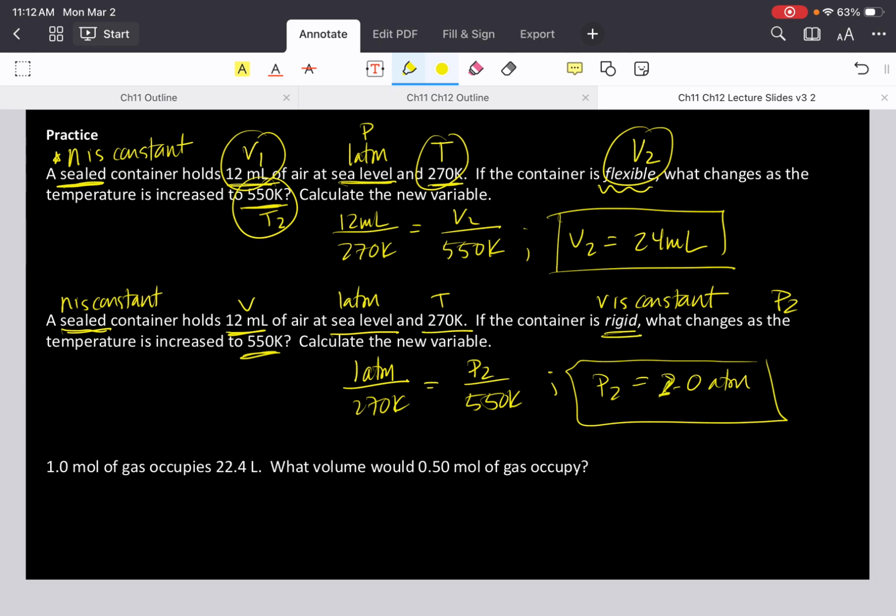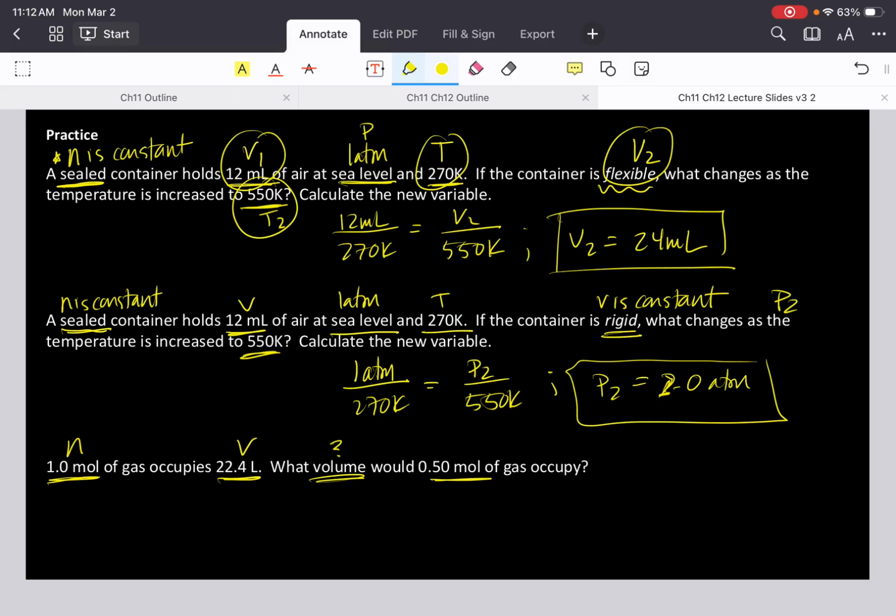All right. 1 mole of gas, that's our N, occupies 22.4 liters. Here's my question: what volume would 0.5 moles of gas occupy? Oh, well, this is one of those scenarios, kind of like a limiting reactant that we talked about, where if we don't know more information, we can assume that those stay constant.